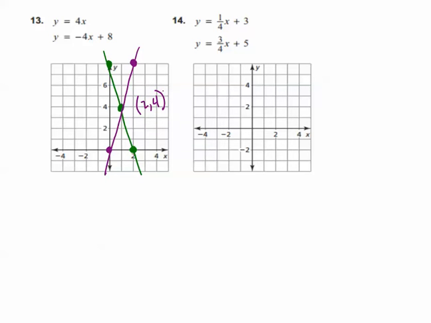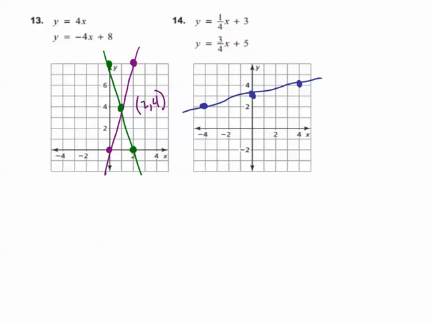In the final system of equations, we have a y-intercept of 3, a slope of up 1, right 4, down 1, left 4, my bad, and that would look something like that.